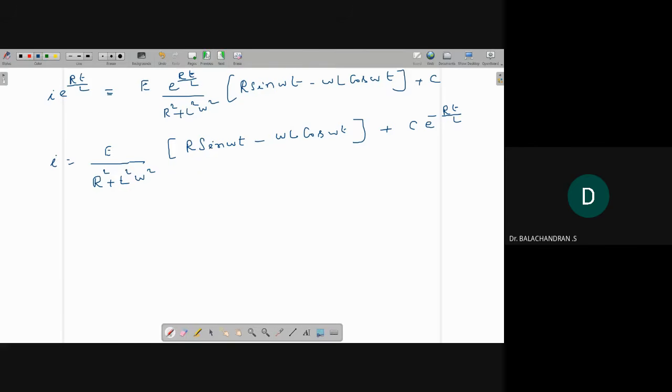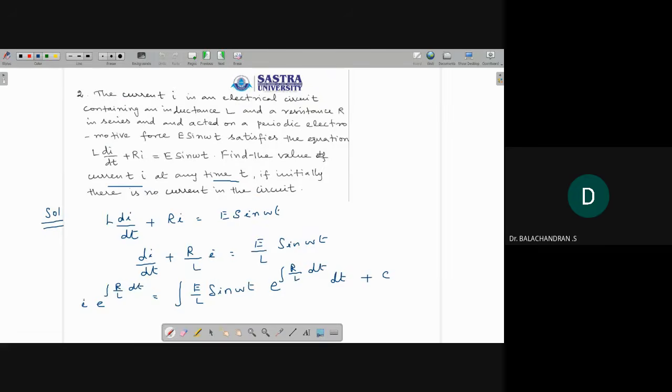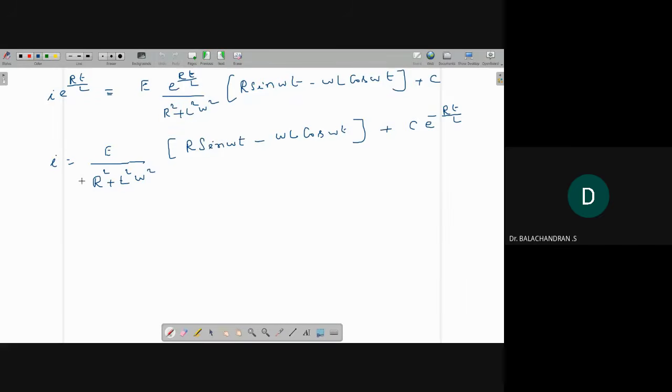Now the initial condition is given in the question. If initially there is no current, that means when t equal to 0, I equal to 0. So using this condition, we have 0 equal to E by R square plus L square omega square.